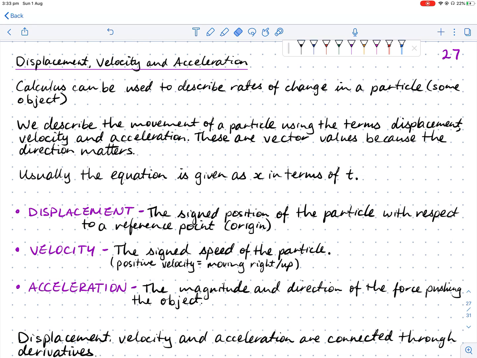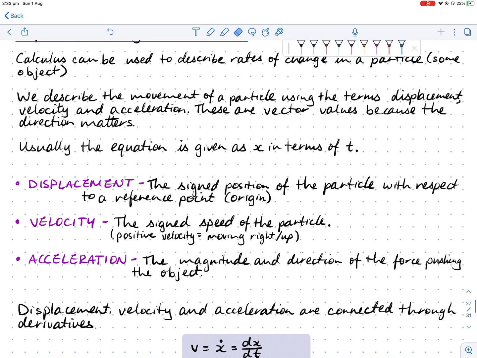When we're working with displacement, velocity, and acceleration, usually for displacement we use the letter x, in terms of t. Now this can get a little bit confusing, because when I draw out my axis, time is going to be along the horizontal and x is going to be along the vertical.